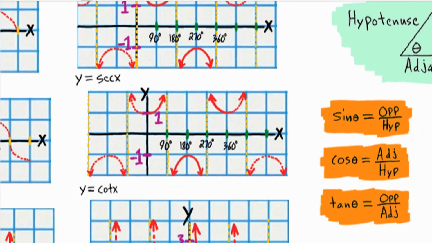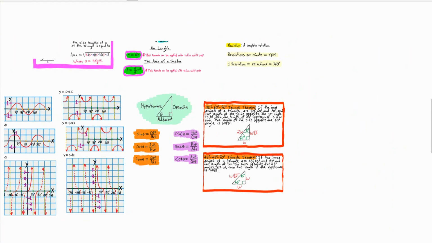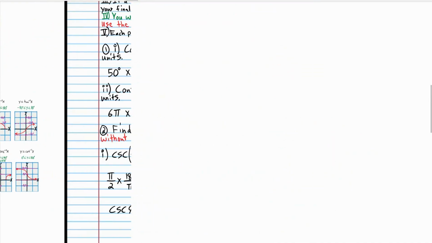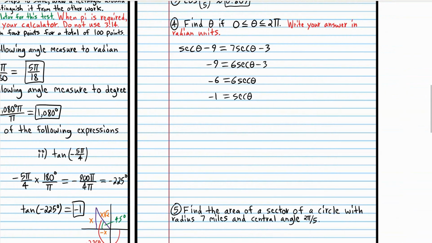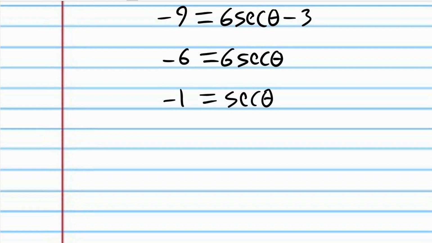But we only care about the points that are between 0 and 360 degrees, or 0 and 2 pi if you're using radian units, so that's going to be here. So the x value is 180. So theta is equal to 180. That's the only value between 0 and 2 pi.